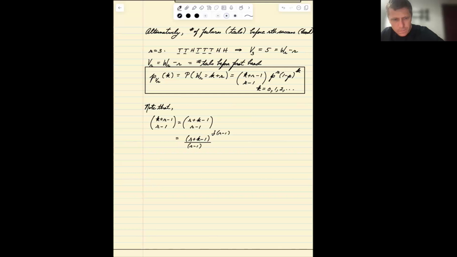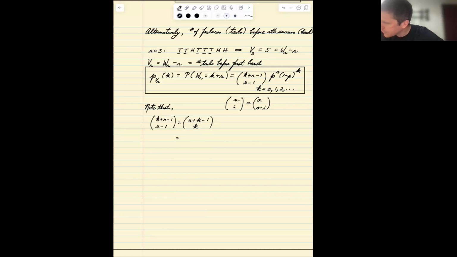Oh, I'm sorry. I can rewrite the top as r plus k minus 1. I can rewrite the bottom actually as k, right? Why? Because in general, n choose i is equal to n choose n minus i.